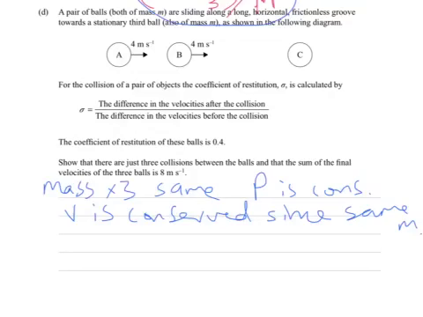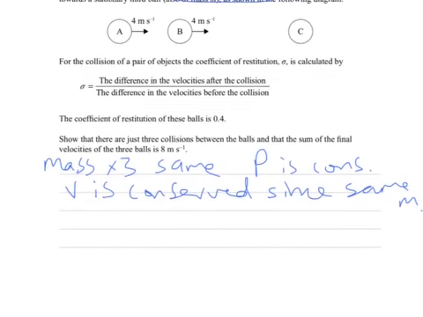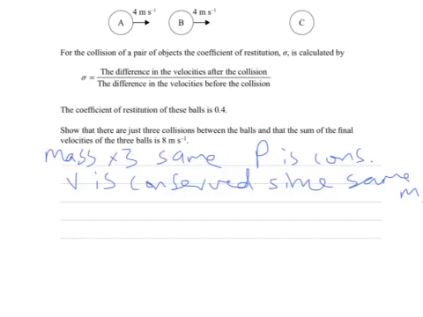And what you're going to find is there are 3 collisions that will take place, and all the balls will end up going in the same direction, with C having the highest velocity, B having the next highest velocity, then A having the next highest velocity, and that has to be the case because otherwise there would be further collisions.